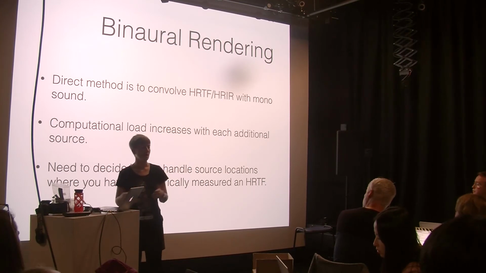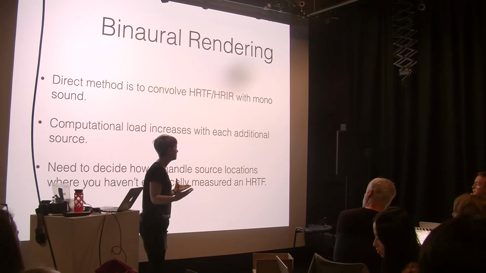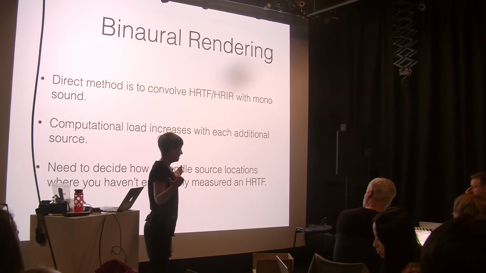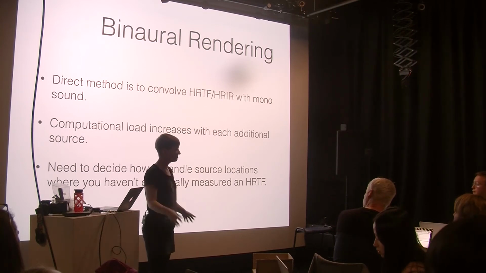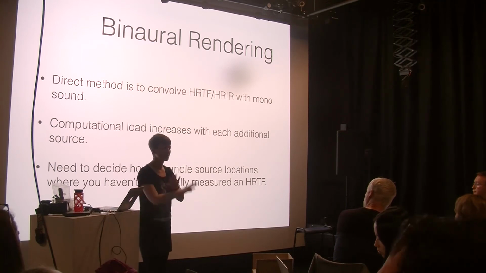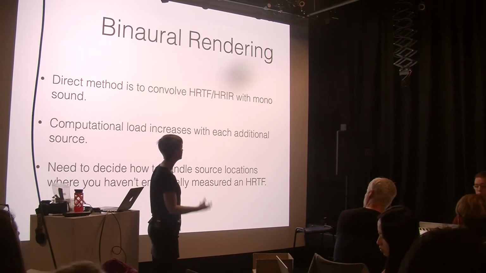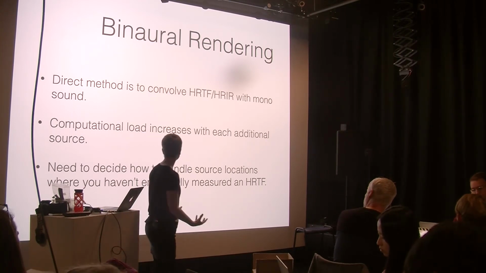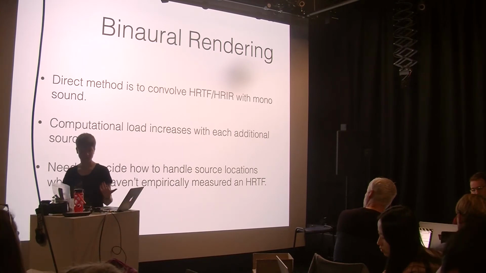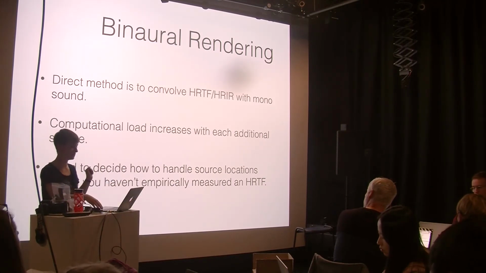We can even think of reverb as hundreds, thousands of sound sources. So you start having a really complex way of calculating a binaural signal using this direct method, because every single sound source has to be convolved twice, one with each HRTF.